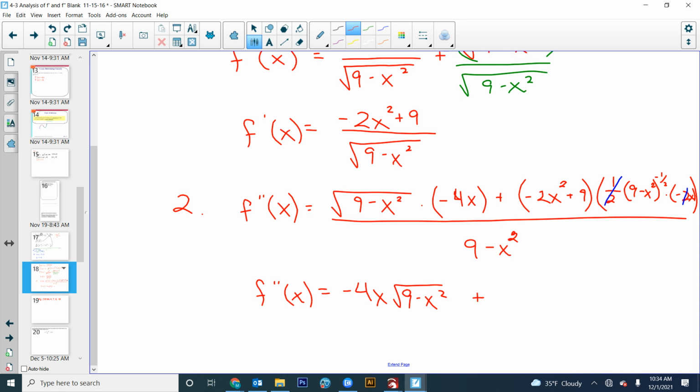This and this changes to a plus. We still have that x. So we have a negative 2x squared plus 9 times an x over the square root of 9 minus x squared in that term's denominator.